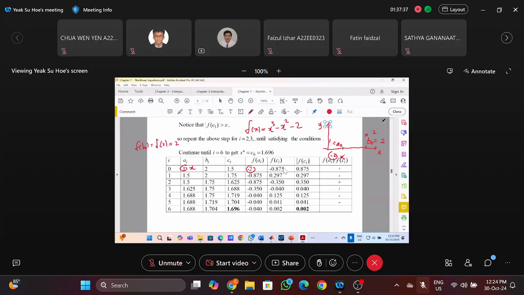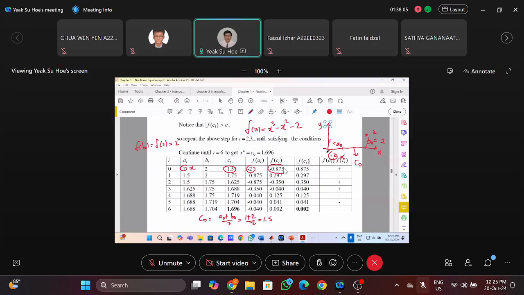So from here we found that we have C0. What is C0? C0 is the middle between A0 plus B0. So you get 1 plus 2 over 2, you get 1.5. So 1.5 here, and then at 1.5 the answer is negative 0.8.